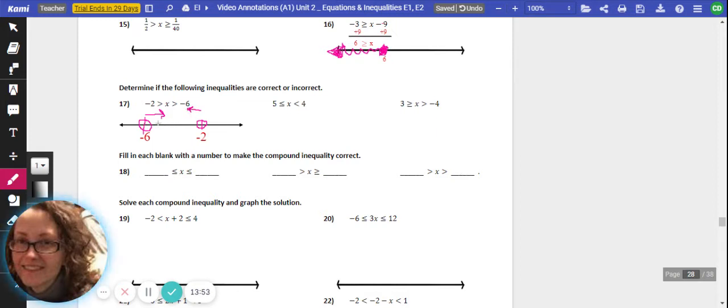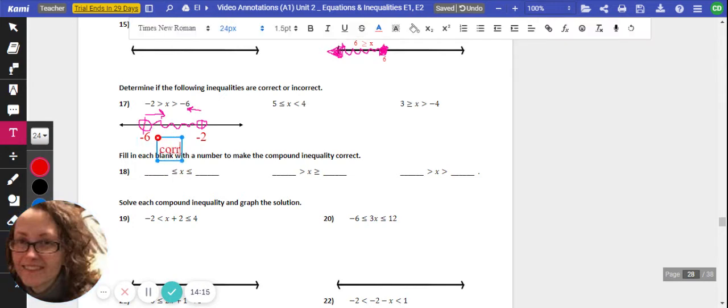So where those two are both true, where x is greater than -6 and x is less than -2, is going to be right here in the middle. So yes, I would say that this is correct.